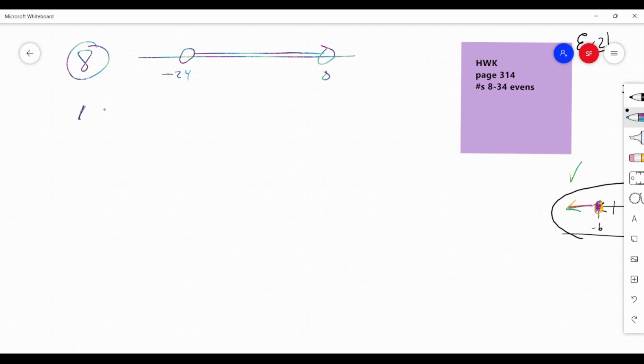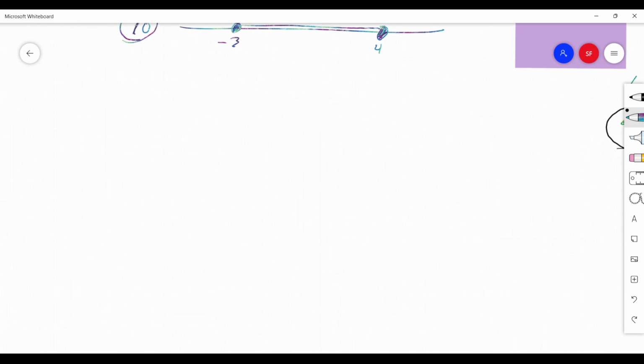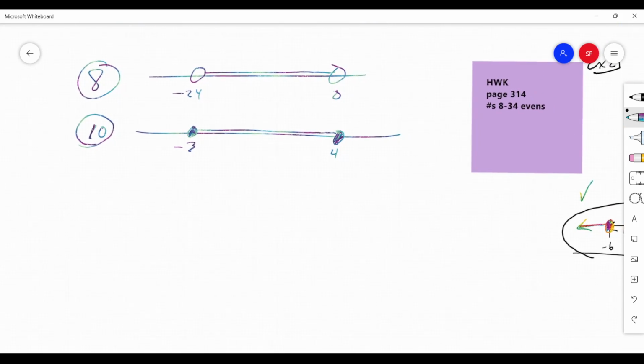Number 10 is closed circles at -3 and 4, and it's also shaded in between them. They're only shaded in between? Only in between.